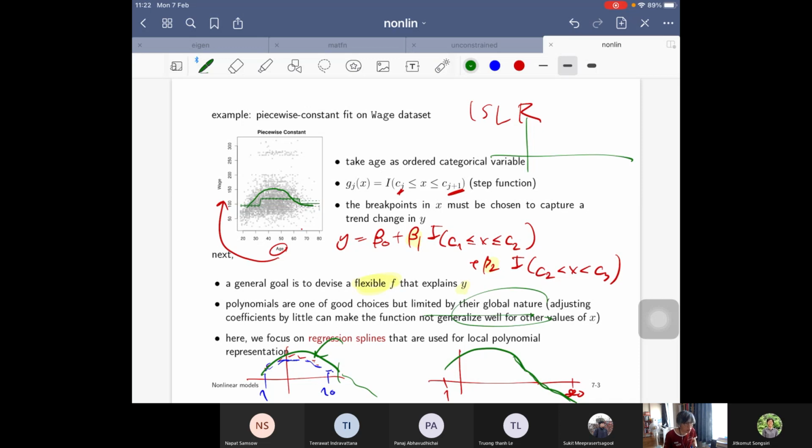So why don't we consider different intervals of x and try to develop a local polynomial function that best explains y in each interval? And that is the concept of regression splines. It's a local representation, and because you consider different intervals of the range in x, that's how you introduce more flexibility to the model.